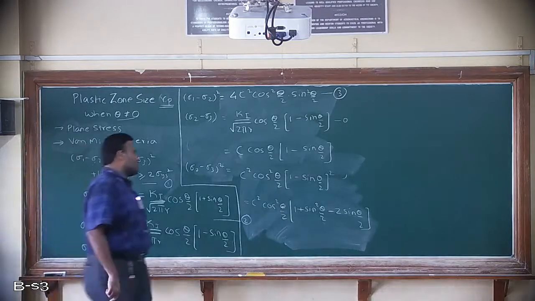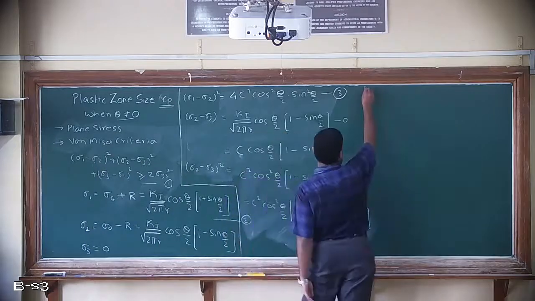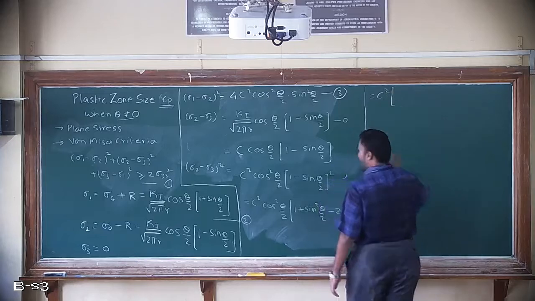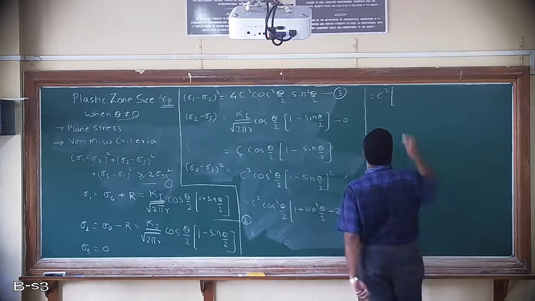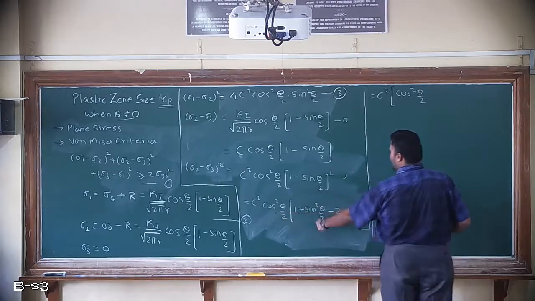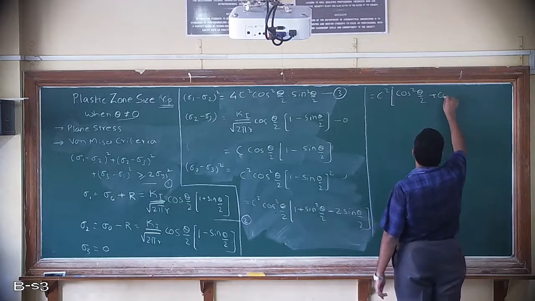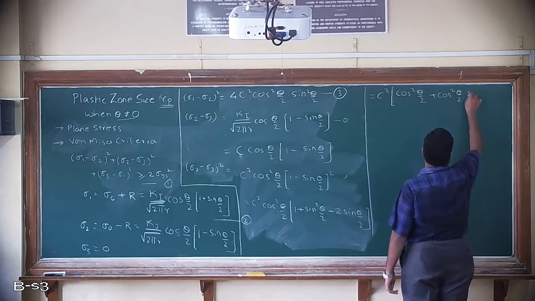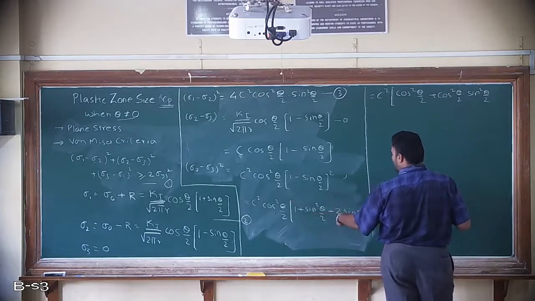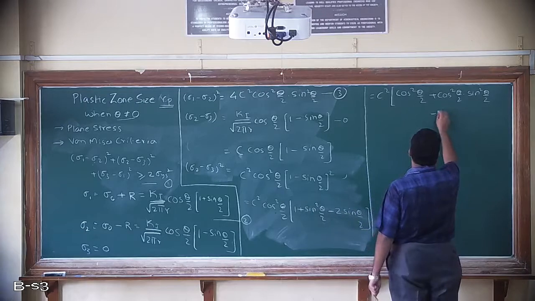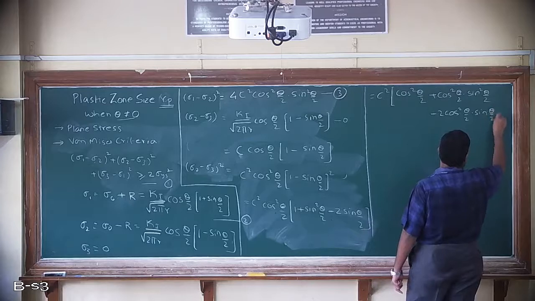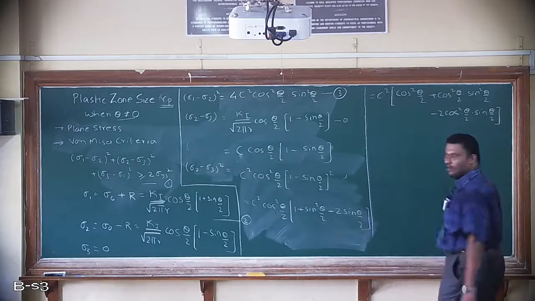So taking the cos²(θ/2) term inside, we get C² into cos²(θ/2) into 1 is cos²(θ/2), plus cos²(θ/2) into sin²(θ/2), minus 2 cos²(θ/2) into sin(θ/2), and this will be equation number 4.